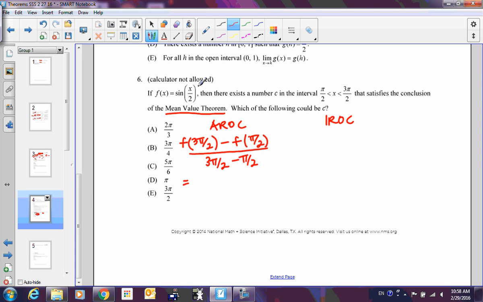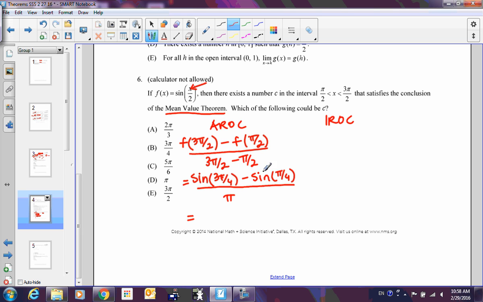So if I plug this in for this x, I end up getting sine of 3 pi over 4, because the over 2 makes an over 4. And then if I plug pi over 2 in, I end up getting sine of just pi over 4. And down here you end up just getting a pi.